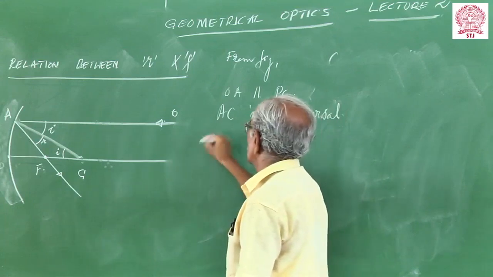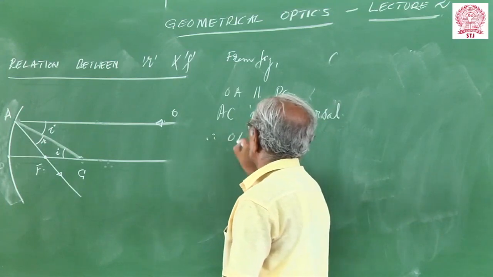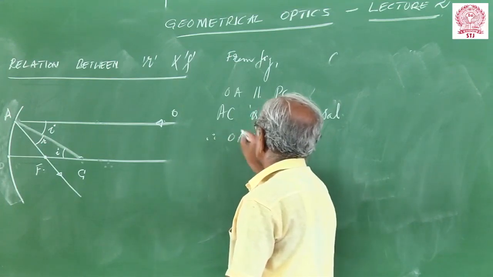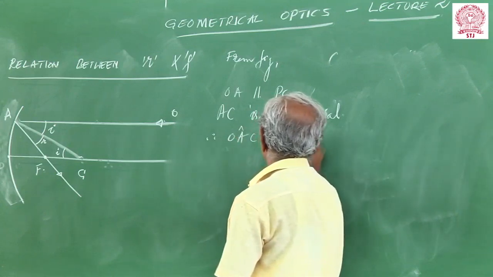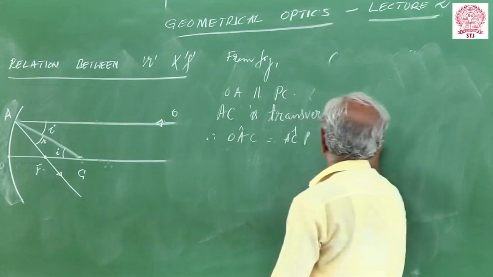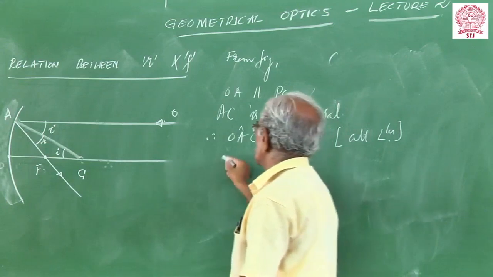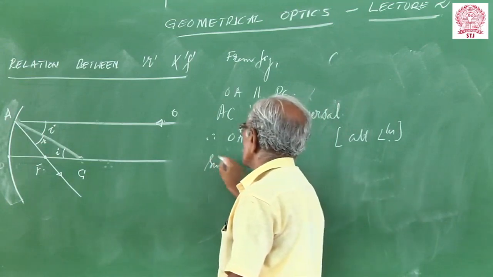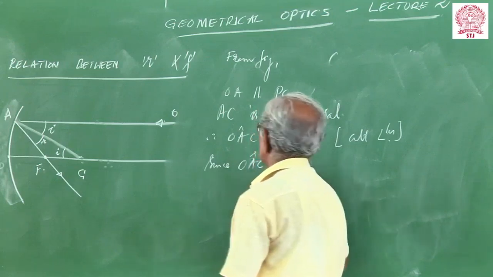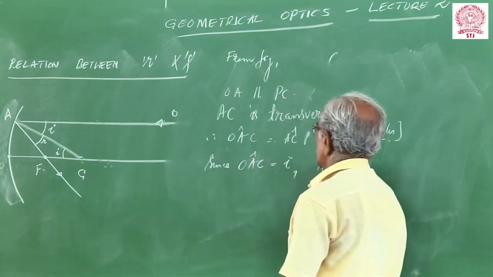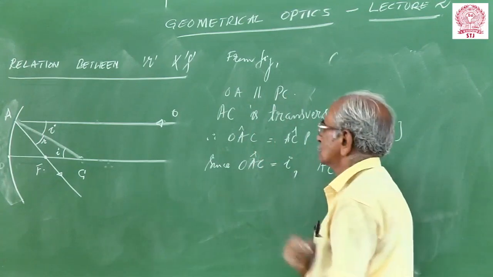Therefore, angle OAC is equal to angle ACP, alternate angles. Since OAC is I, ACP is also equal to I. Point 1.